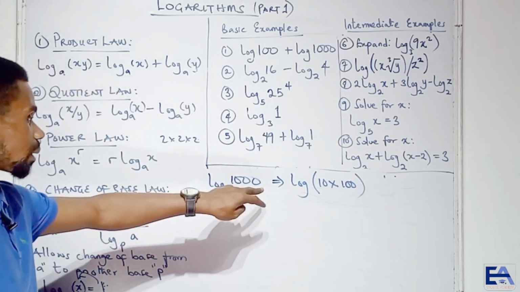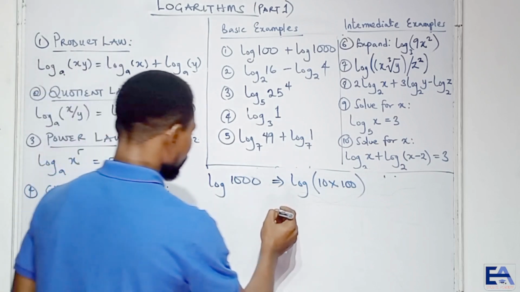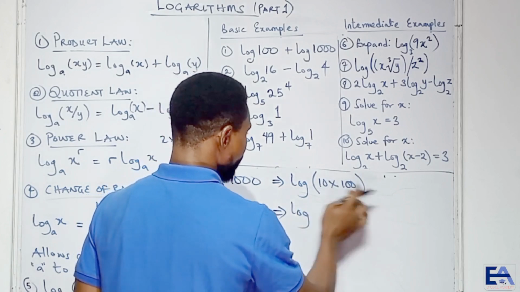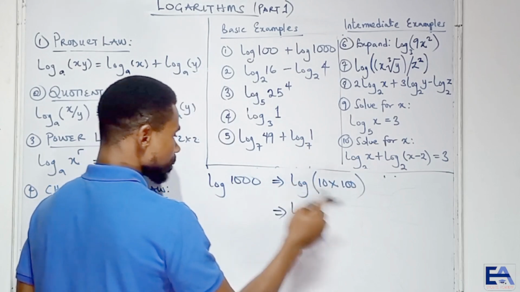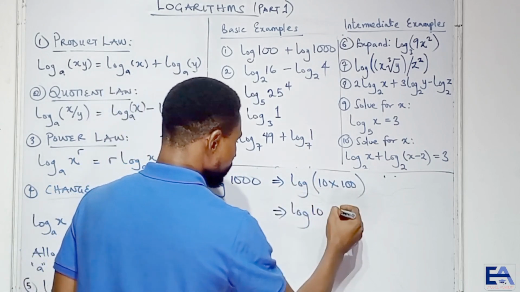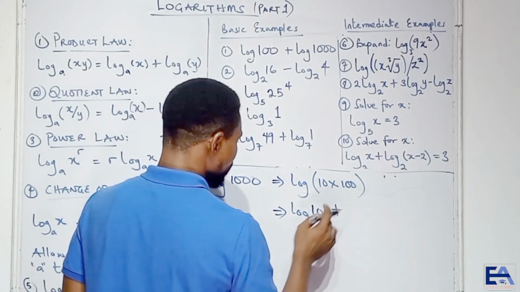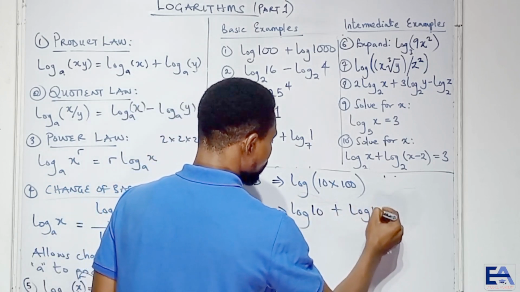And then you apply the law of logarithm. The law of logarithm says that whenever we have a product of two numbers in a logarithm, then it's the same thing as the addition of the logarithms of the individual numbers. So it's going to be log 10 plus log 100.